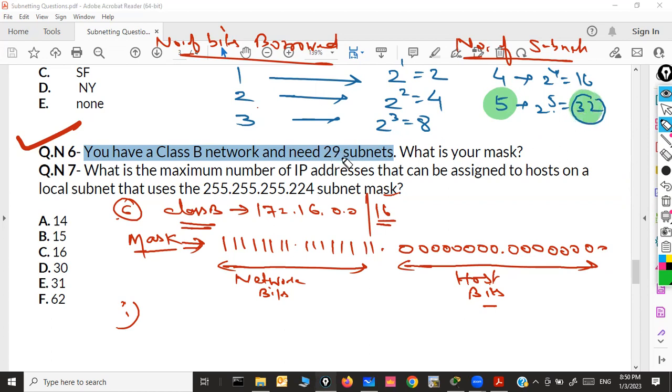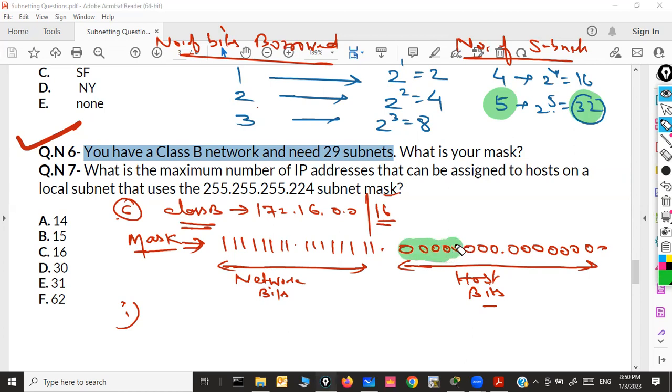The requirement is 29, but no problem, we cannot get exactly 29. One has to be near that figure, and on the higher side, not the lower side. So we have decided that we are going to borrow 5 bits from the host portion.